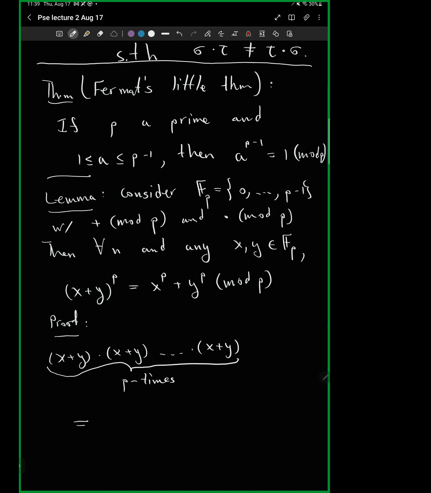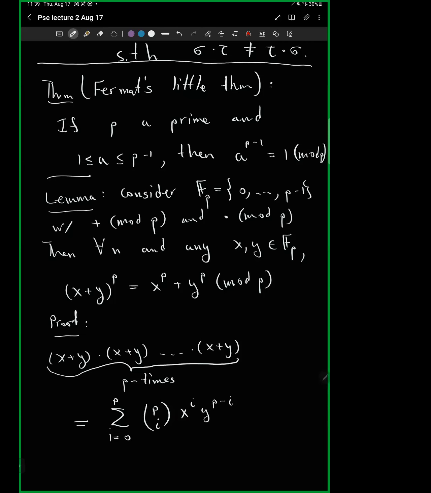Then this is equal to the following expression: the sum for i equals 0 to P of P choose i, x to the i, y to the P minus i. This formula really follows from combinatorics. It is valid in any place you have a multiplication and addition.